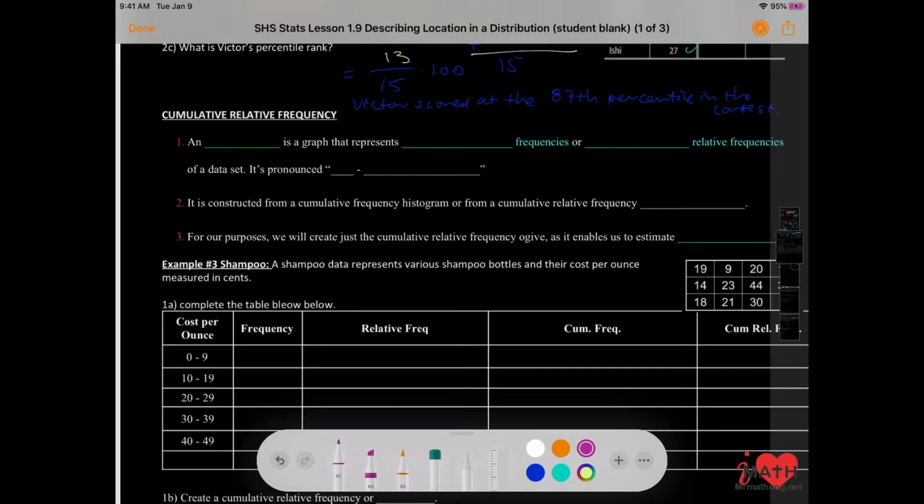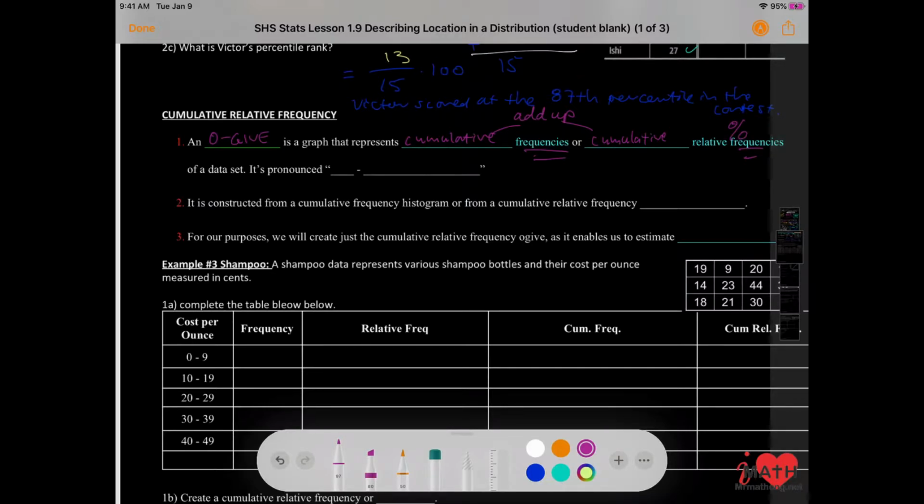An ogive is a graph that represents cumulative frequencies or cumulative relative frequencies of a data set. Remember, that just basically means add up. And then the word frequencies is just a percent. You're adding up the percents of a data set.